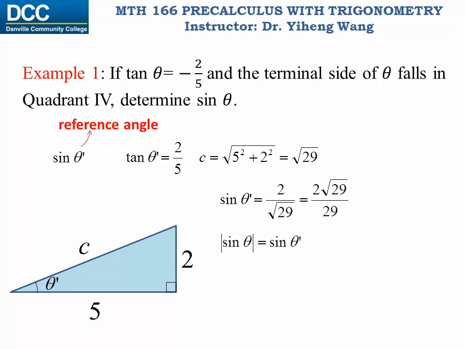Since sine theta has the same absolute value as sine theta prime, all we need to do now is determine if sine theta is positive or negative. We already did that: because theta falls in the 4th quadrant, it has a negative sine value. Therefore, sine theta equals negative 2 times square root of 29 over 29.